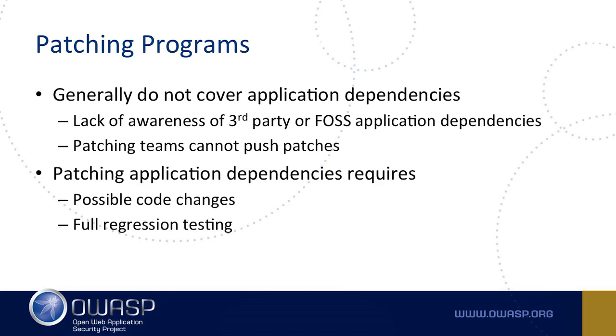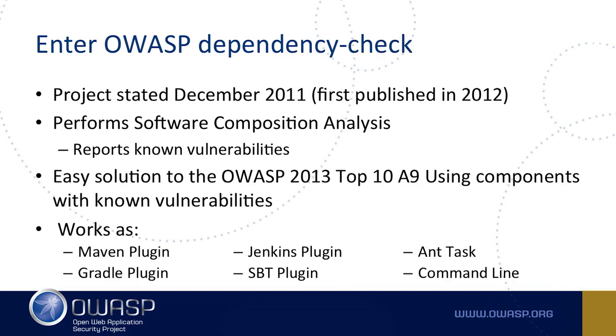Patching application dependencies requires code changes and possibly full regression tests. So in modern times, they may not do full regression testing, they may do A/B testing or other things depending on your development methodology, if you're agile or DevOps-sec, just pushing code all the time. But it requires testing of these changes.